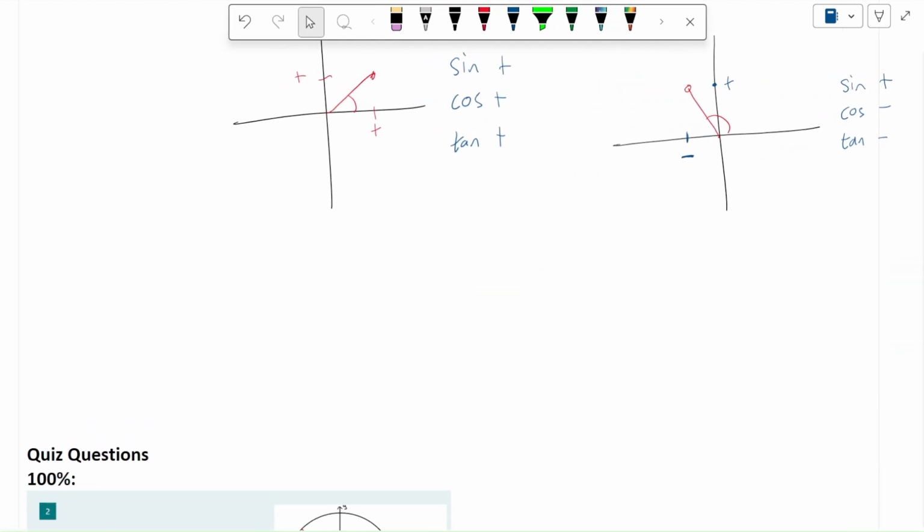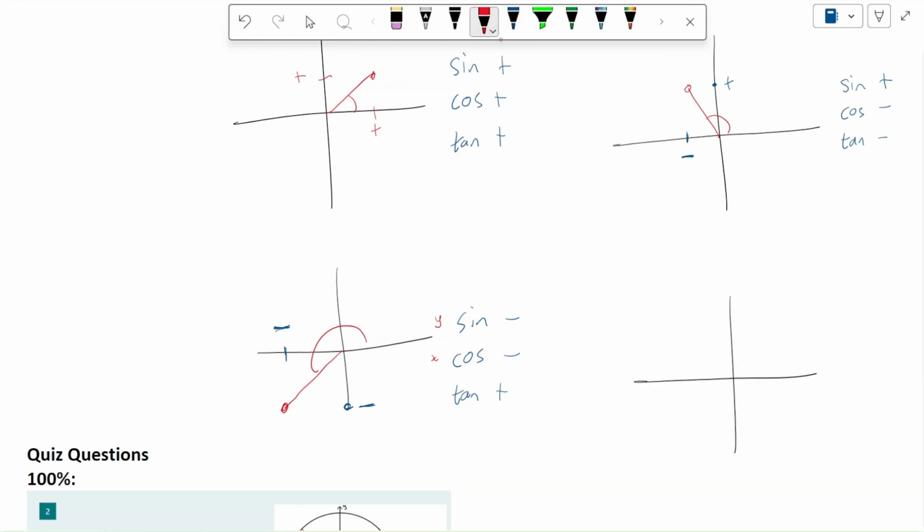Okay, if we're looking at an angle which is coming down here, well, let's see, the x value is negative, the y value is now negative as well. So I'm expecting sine to be negative, cos to be negative, because that was the y and the x. And then I'm expecting tan to actually be positive again, because negative divided by a negative gives you a positive.